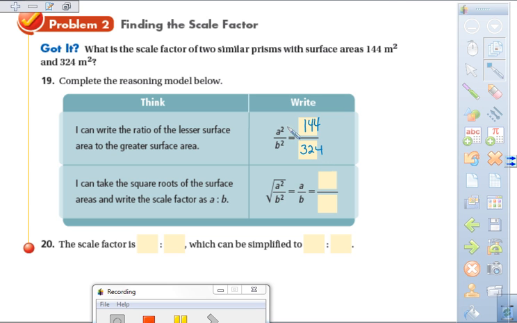And that ratio stands for a squared to b squared because we're talking surface area. So to get a to b, we're going to take the square root of that. The square root of 144 is 12. And the square root of 324 is 18. So 12 to 18 can be reduced to 2/3.